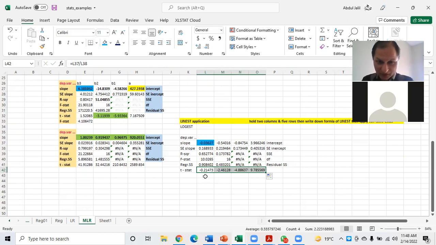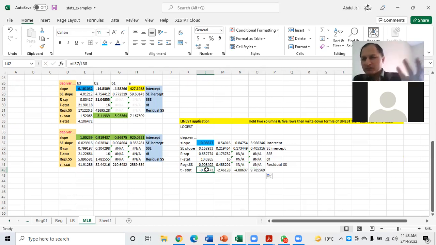So the p value is quite high. It means it is not significant. So keep one thing in your mind: whenever the sign is not according to the theory, generally the variable may not be significant. If the variable is not significant, you should not worry, because it means the variable is not playing any role in the model. So you can skip that variable, or you can change your model specification.